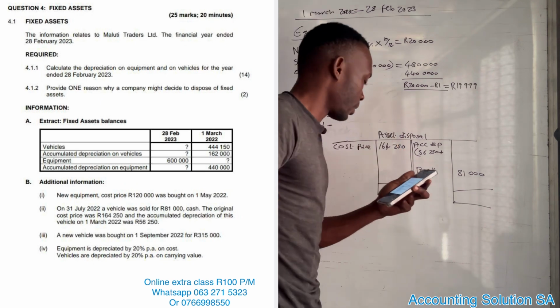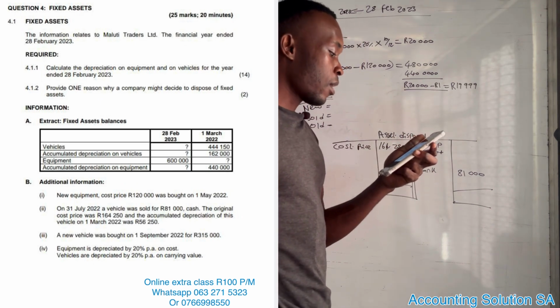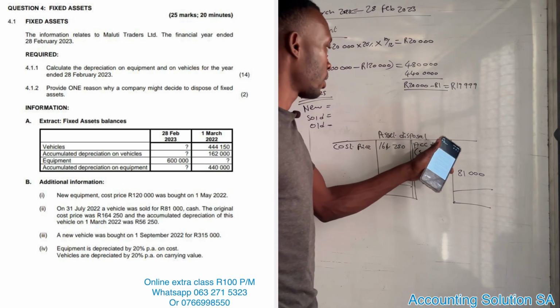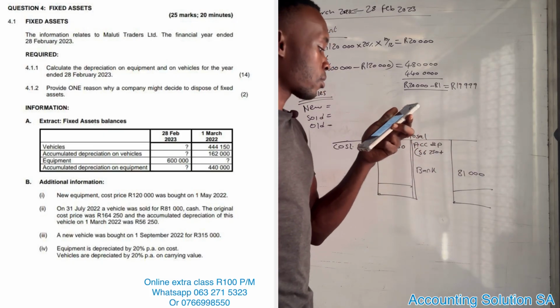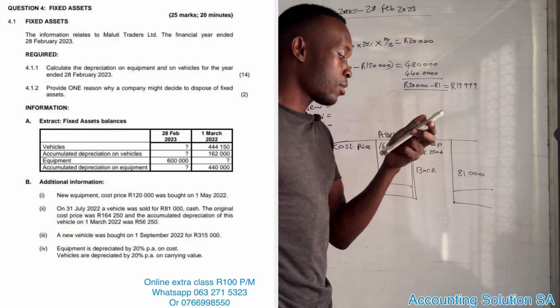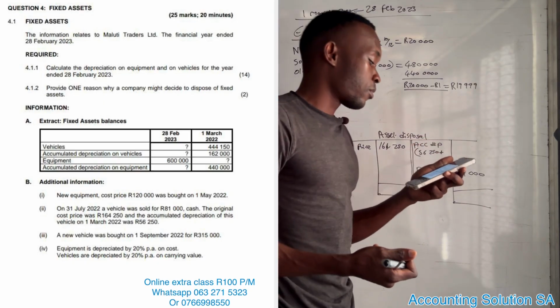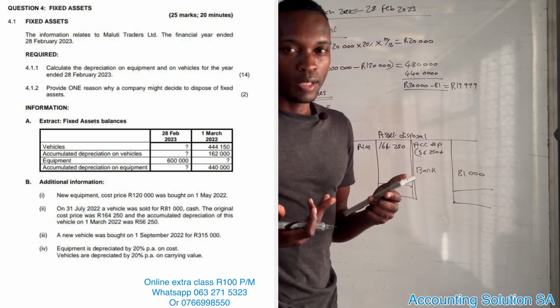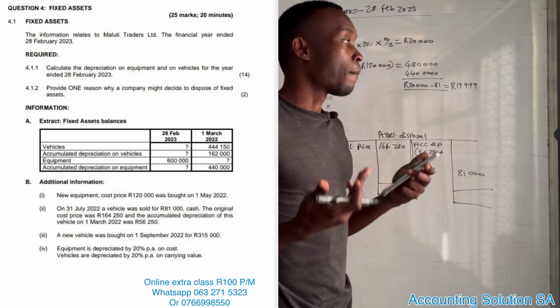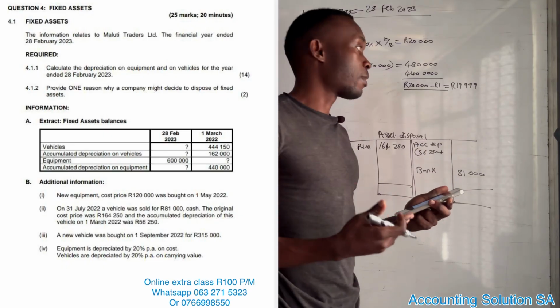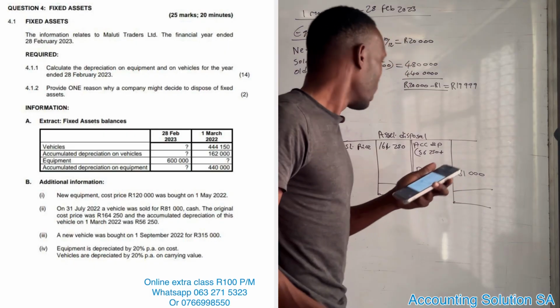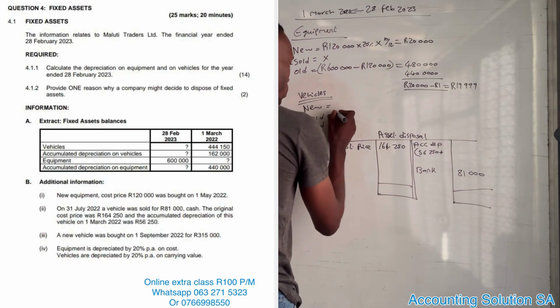Now let's proceed. We have to calculate another depreciation here, and it's going to be simple. Remember, vehicles use the carrying value method, not the cost price. It is the same as the diminishing balance method: cost minus accumulated. So now let's calculate the sold one.